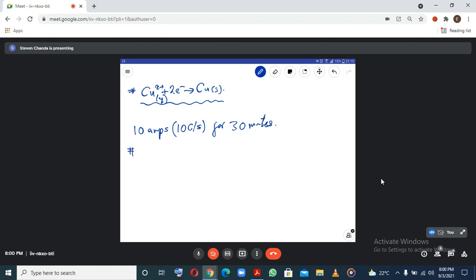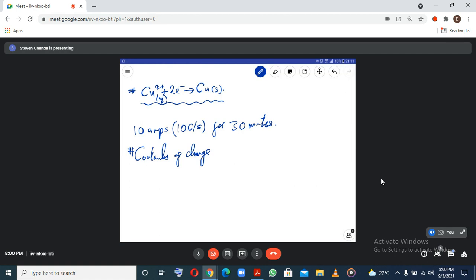Now, what is important and interesting here is that if per second they were passing 10 coulombs of charge, how many coulombs of charge were actually passed in 30 minutes? To do that, we first have to convert the 30 minutes to seconds. So we discussed these steps last week, so today we are just solving.